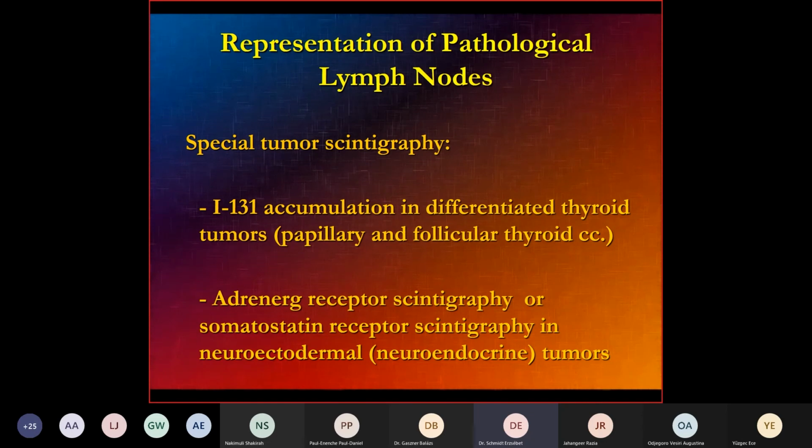Or adrenergic or somatostatin receptor scintigraphy are helpful in the detection of neuroectodermal or neuroendocrine tumors and in the detection of their metastasis too.